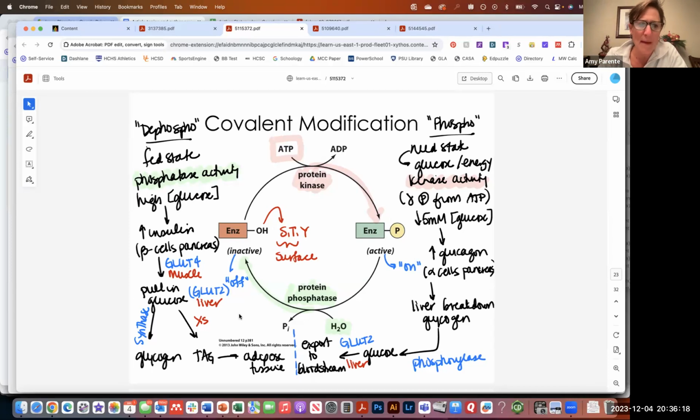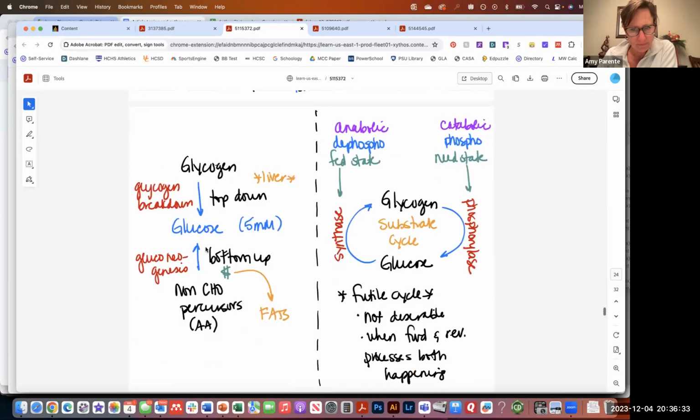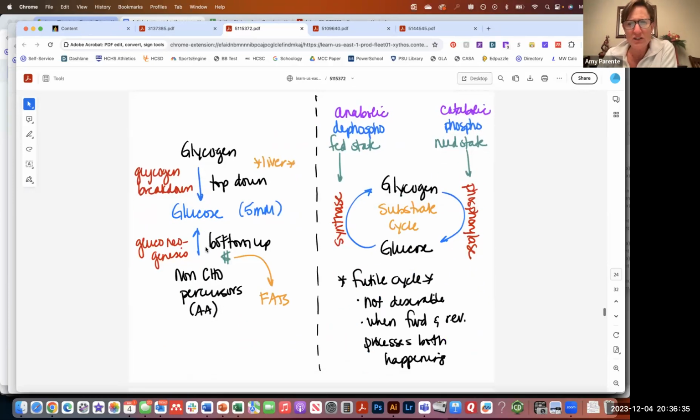This was also mapping on some stuff we already know about glucose transporters, about whether or not muscle cells versus liver cells are able to facilitate glucose export. So this is our first introduction to a substrate cycle.